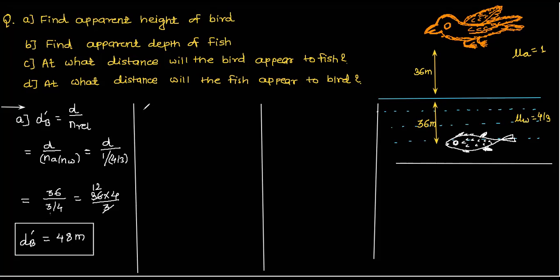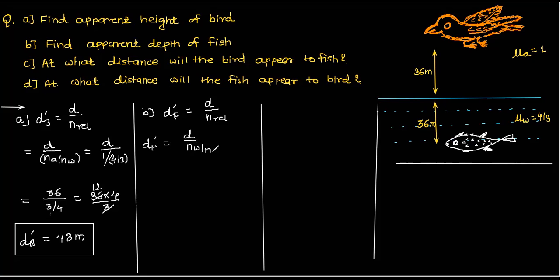So see, this is the B point I'm going to tell now. Find the apparent depth of the fish. So this is again df dash is equal to, for the fish, D divided by n relative, same formula. Therefore df dash is equal to D divided by, now what will you get here, NA by NW or NW by NA?